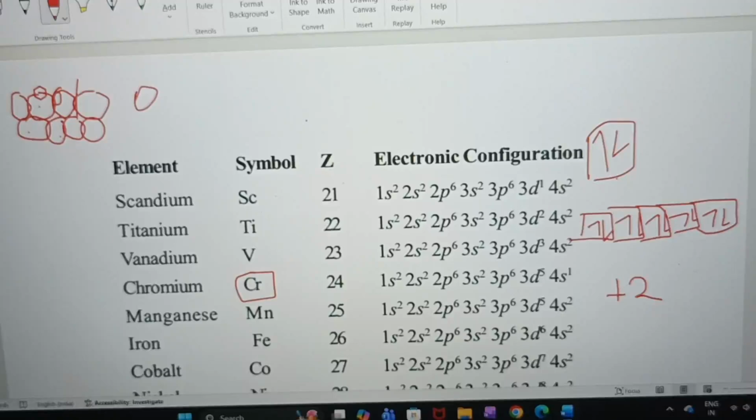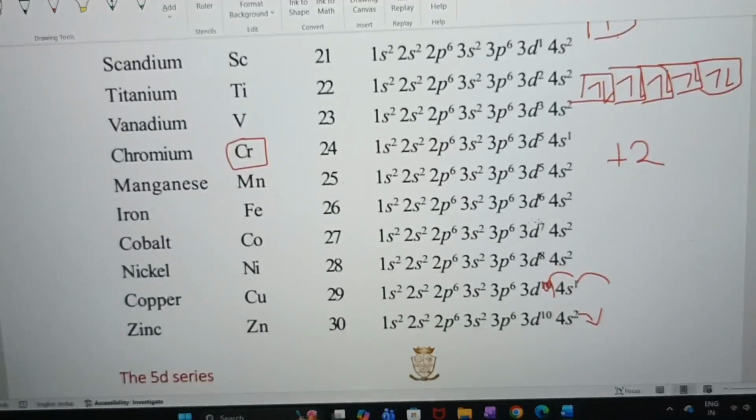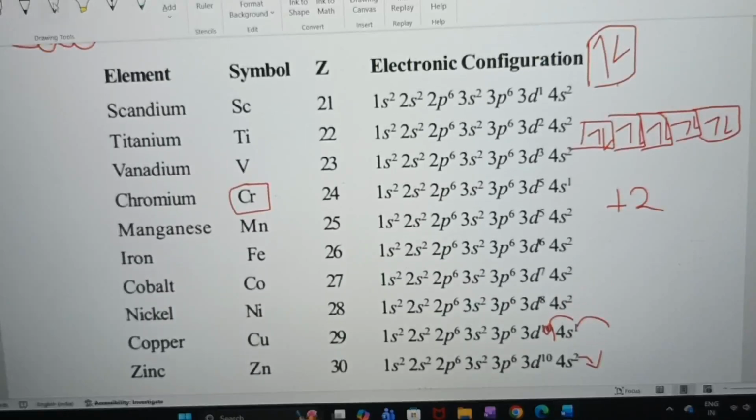But as you go along the series, the unpaired electrons will become fewer. Here, if we see, one unpaired electron is there, then two unpaired electrons are there, because consider the d orbital.